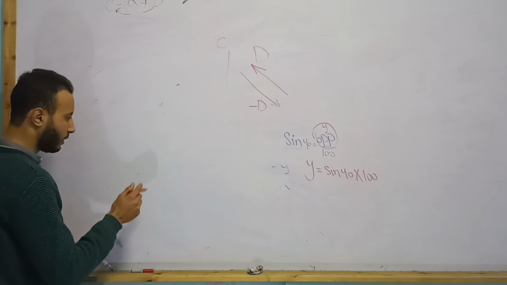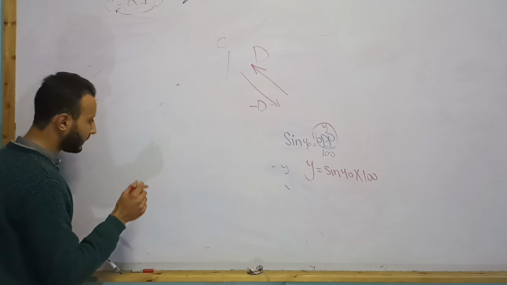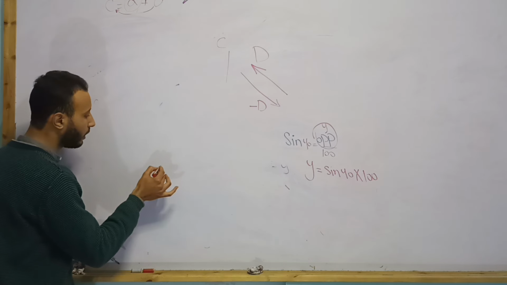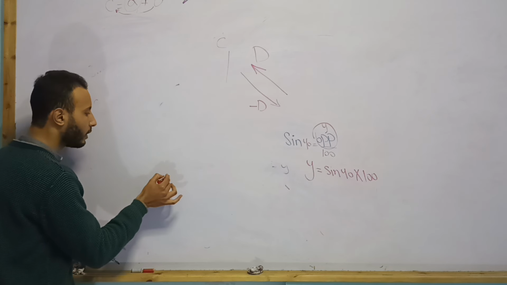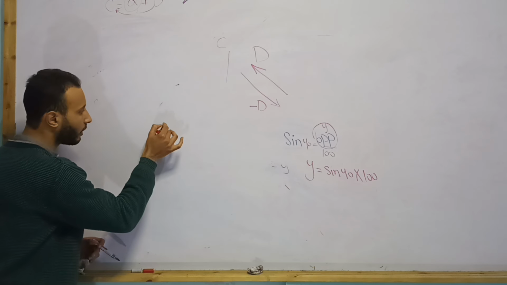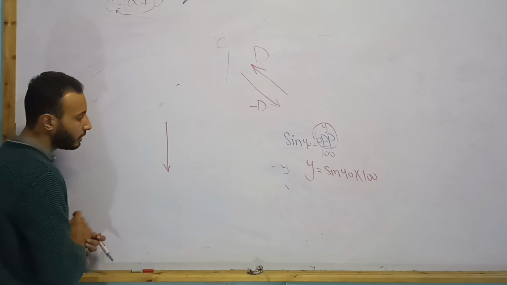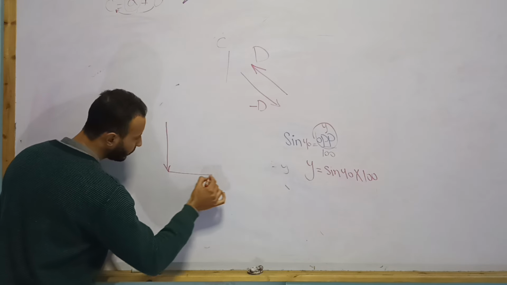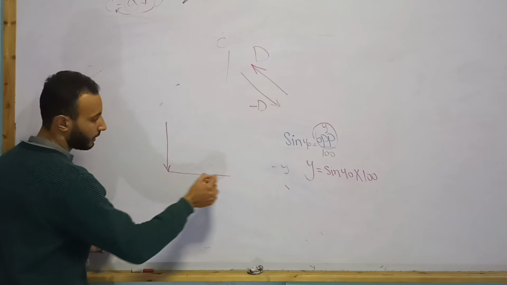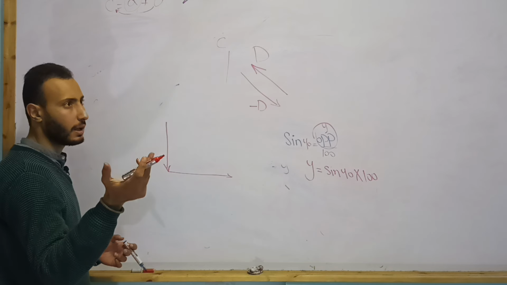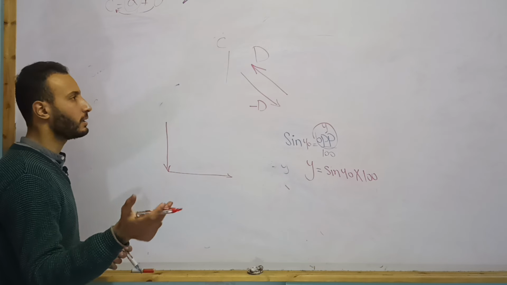The example is saying, okay, someone was driving a car to the south, okay, and then he turned it to the east like this, and he will say get the direction and get the magnitude.